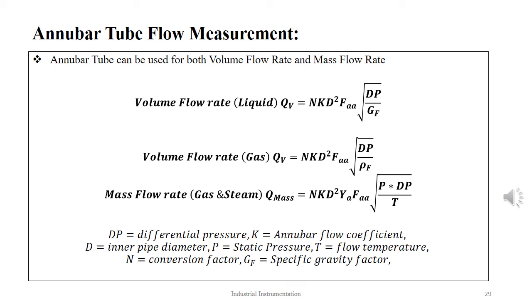For gases, the volumetric flow rate is given as N K d square Fa under root dP by rho F, and the mass flow rate for both gases and steam is given as N K d square Ya Fa under root P into dP by T, where dP is the differential pressure, K is the Annubar flow coefficient, D is the inner pipe diameter, P is the static pressure, T is the flow temperature, N is the conversion factor, and GF is the specific gravity factor.